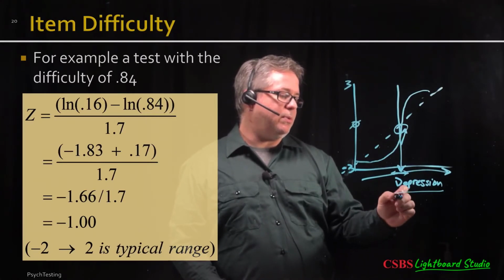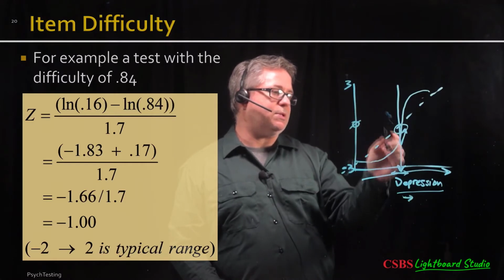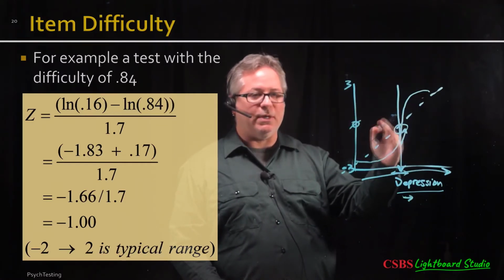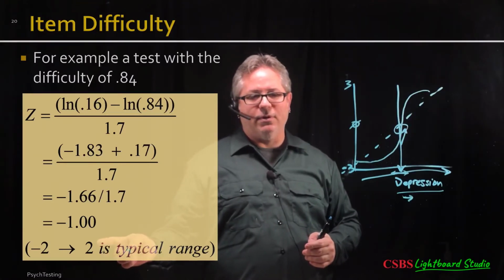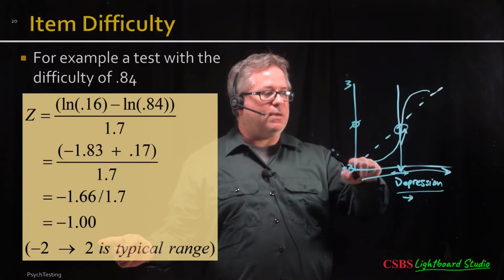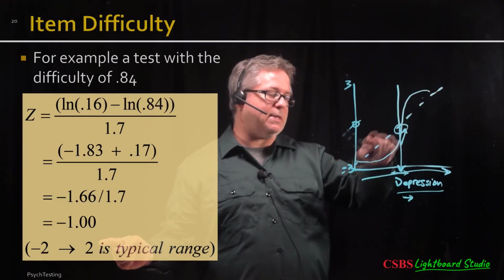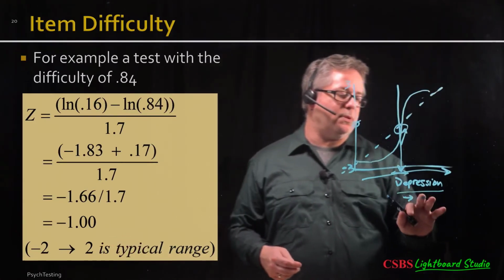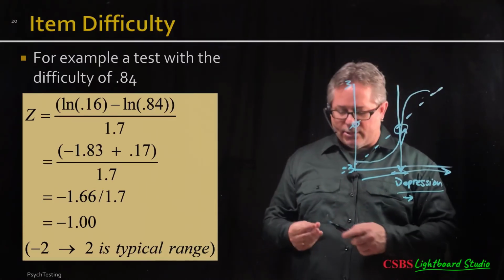So as you go up a unit in depression overall, the likelihood you're going to endorse this item goes up by a unit in z. So people like to convert it over to avoid the non-linear function, and we talk about change in this item relative to the trait you're trying to measure, using a scale that is linear.